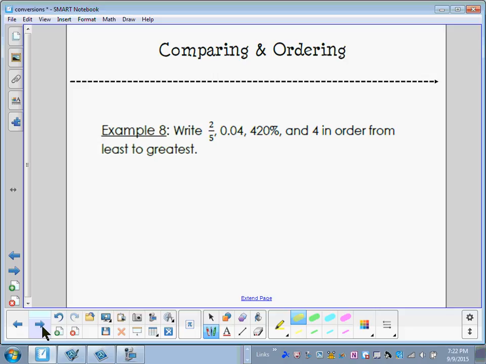And example 8. Write 2/5, 0.04, 420%, and 4 in order from least to greatest.